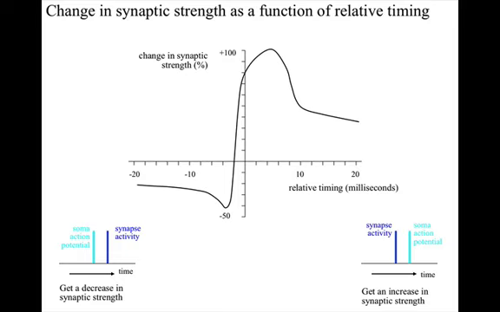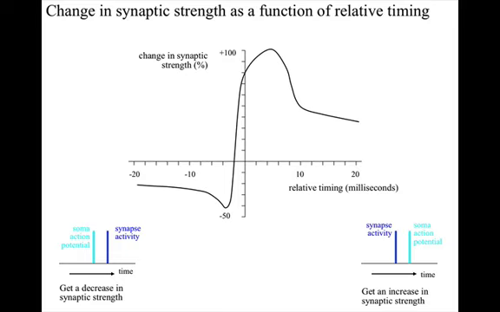Now, there's an information interpretation of what's going on here. If the input to the synapse occurs just before the neuron produces an output, then the synaptic input probably contributed to creating the neuron output, which indicates that the synapse is relevant to the neuron receptor field detection, and an increase in weight is appropriate.